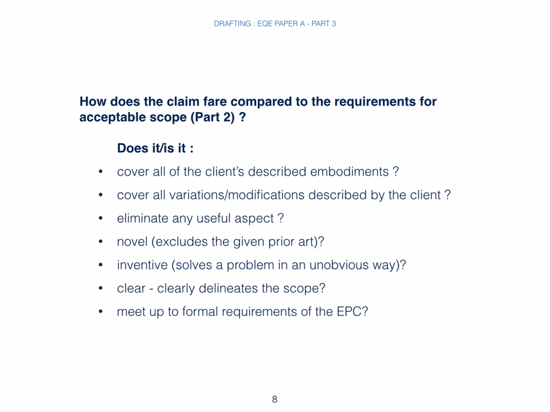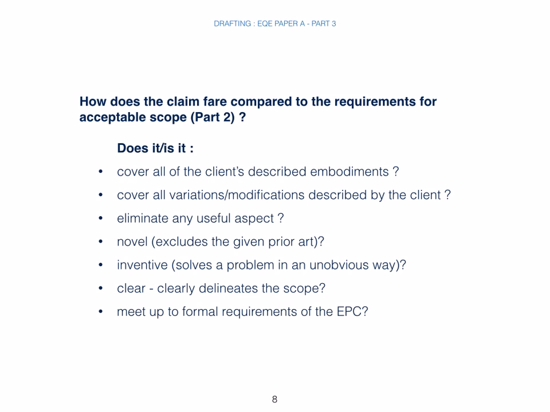Here now is a checklist of things that we need to check. How does the claim fare? Does it cover all of the client's described embodiments? And I think it does cover all of the client's described embodiments. Does it cover all variations or modifications described by the client?